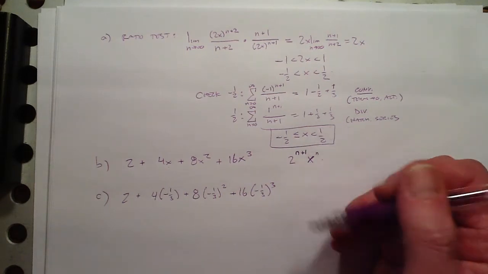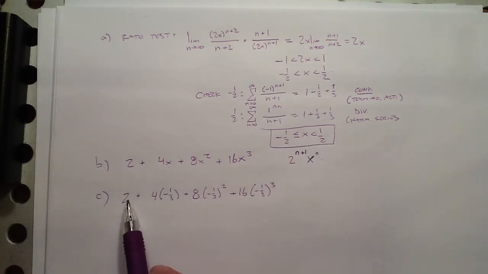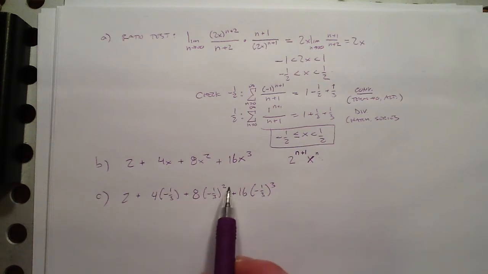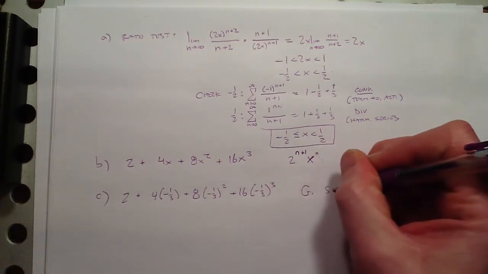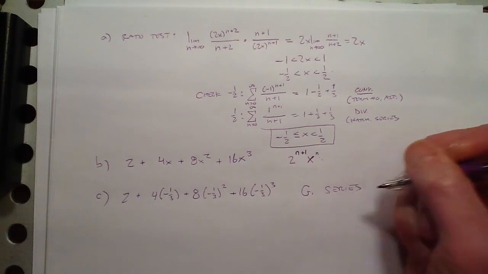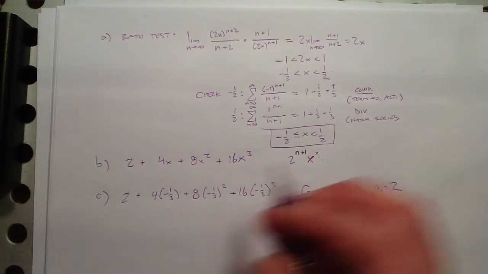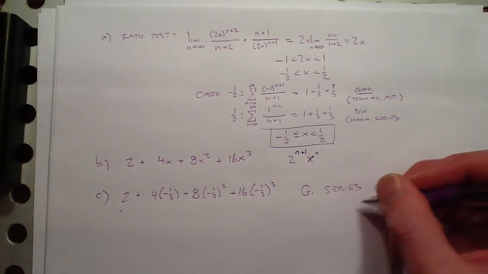So let's see, what kind of series is this? Well, it looks like, since I'm multiplying by 2 every time here and then multiplying by negative 1/3 every time also, it's actually a geometric series where the first term is 2, and I'm multiplying by 2 every time on the top.